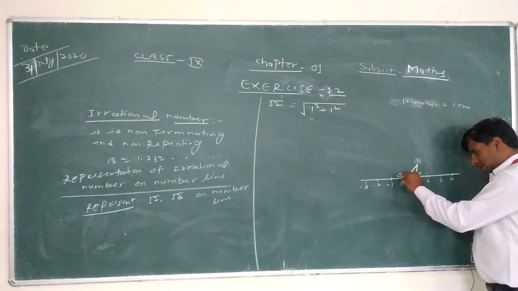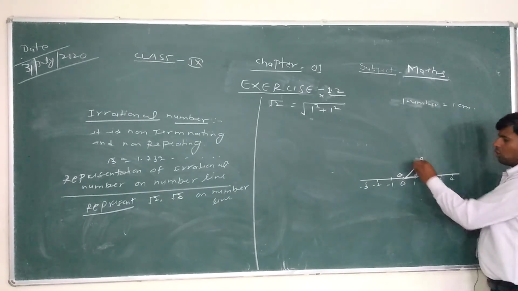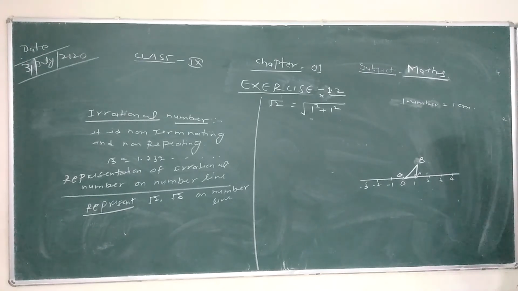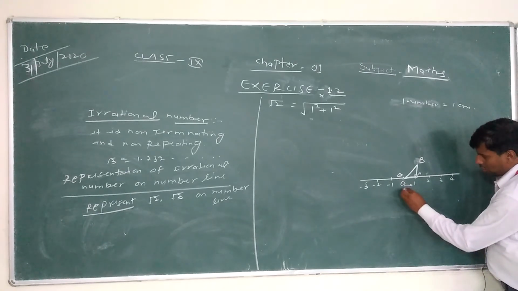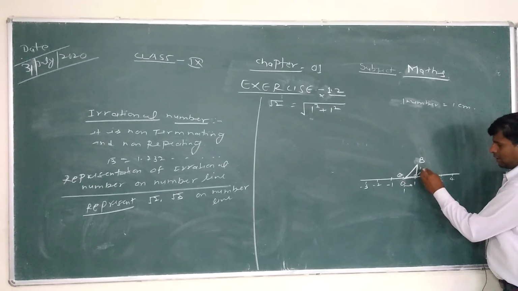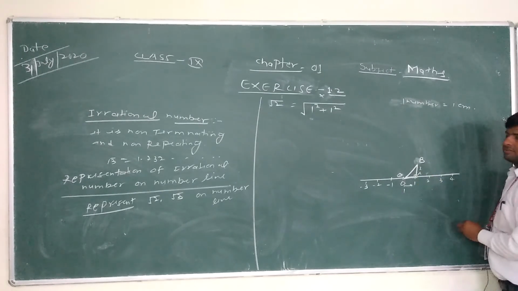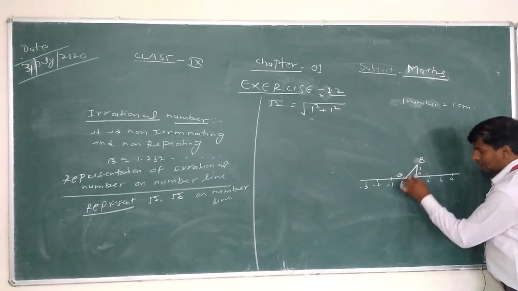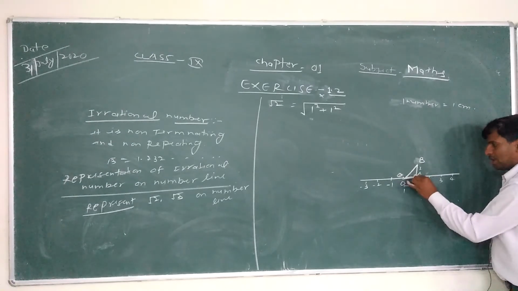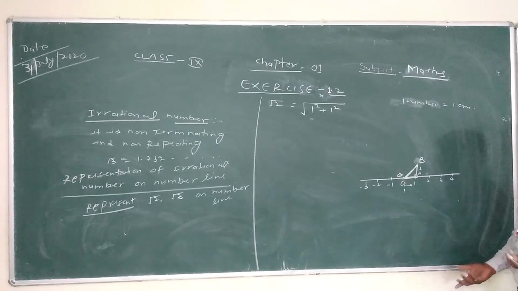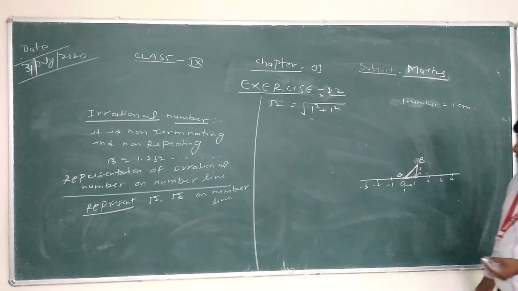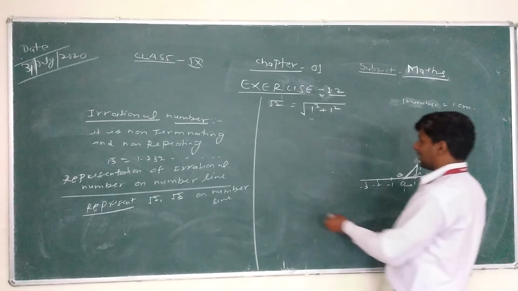Again we can join it. That is OB. It is OB, and its AB is also 1 centimeter. So OA is 1, AB is 1, but OB? So how can we find out OB? Then see here.